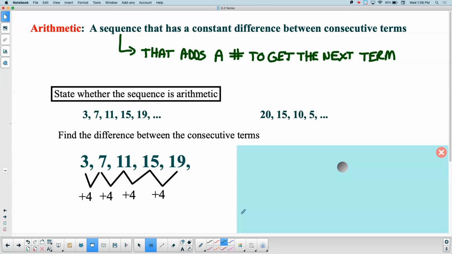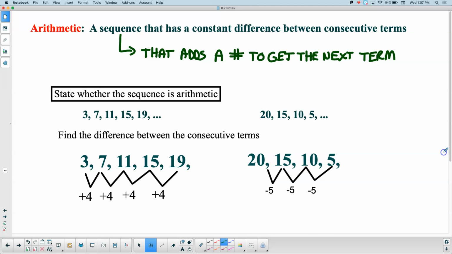That's an arithmetic sequence because the difference between consecutive terms is always constant. Same thing on this second one. On this second one, it is also arithmetic because the difference is -5. You're adding -5 every time. You might just call it you're subtracting 5 every time, but that's the same as adding a -5.